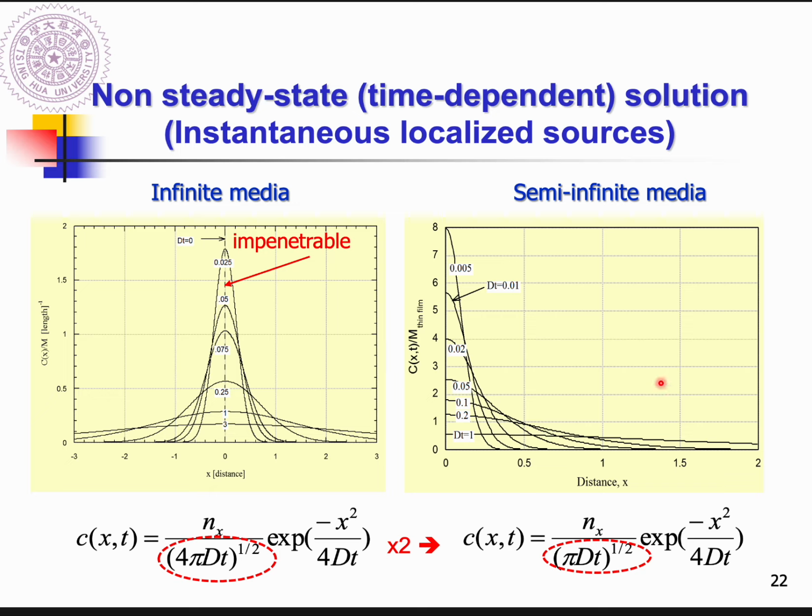This is the solution for this limited case, which we call a semi-infinite medium. Semi means you have only half a matrix, whereas when the diffusing atoms can go either to the left-handed side or right-handed side, some people call it an infinite medium.